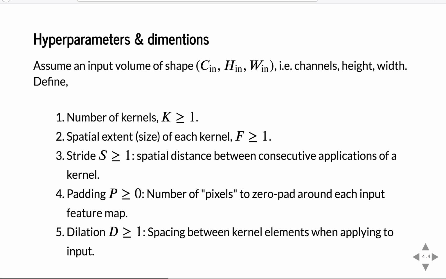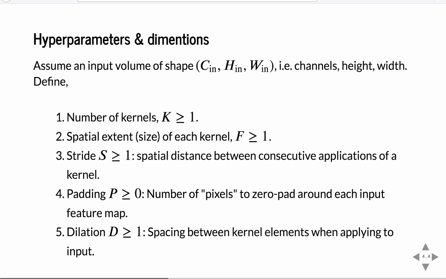I'm specifying this order because, as you will see in the PyTorch documentation, this is the standard order for specifying input and output for conv layers. For example, a regular image might have three color channels and, say, 1,000 by 1,000 pixels. That's the input shape.